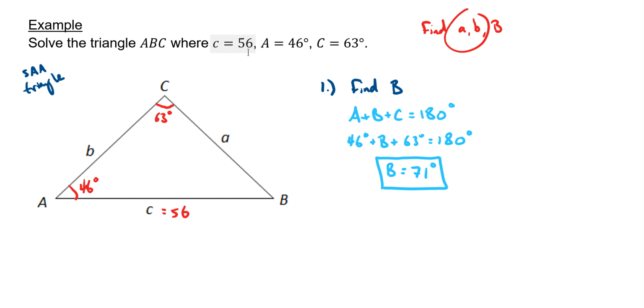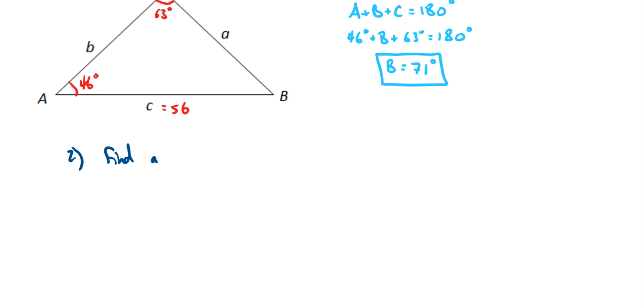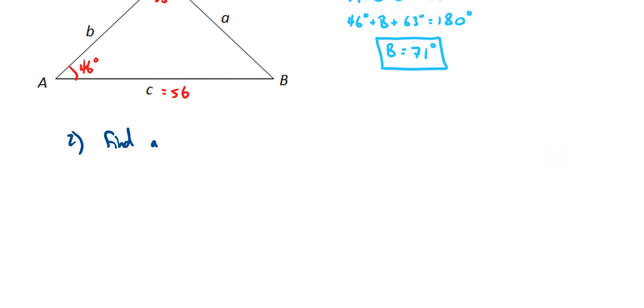We have side A and side B, and it doesn't matter which one we find first. Let's find side A first. So step 2, we're going to find side A, and we're going to do this using the law of sines. So the law of sines says we're going to have side A over sine of angle A equals, and then this is where we have to make a choice.